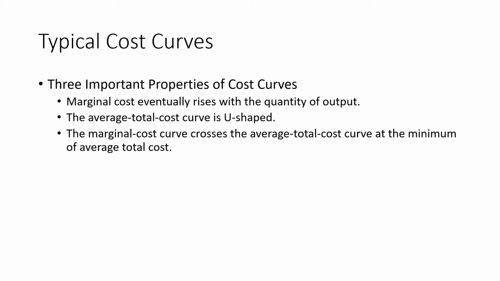And then the marginal cost curve crosses the average total cost curve at the minimum of the average total cost. So these summarize the interrelationship between all the average curves and the marginal cost curves that we have studied. So you should remember these three properties.